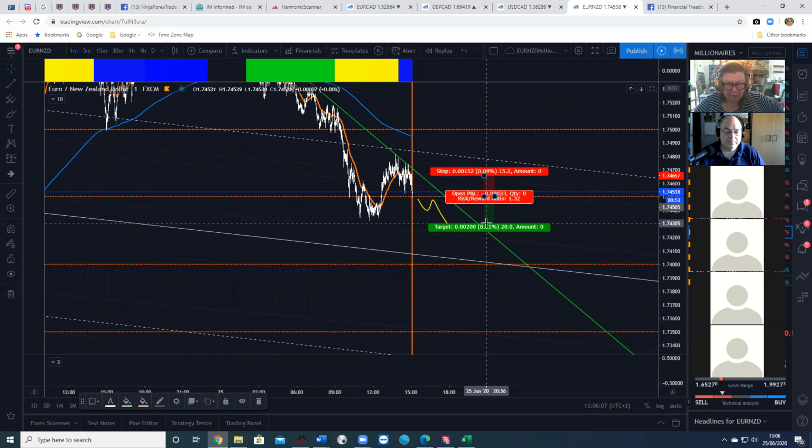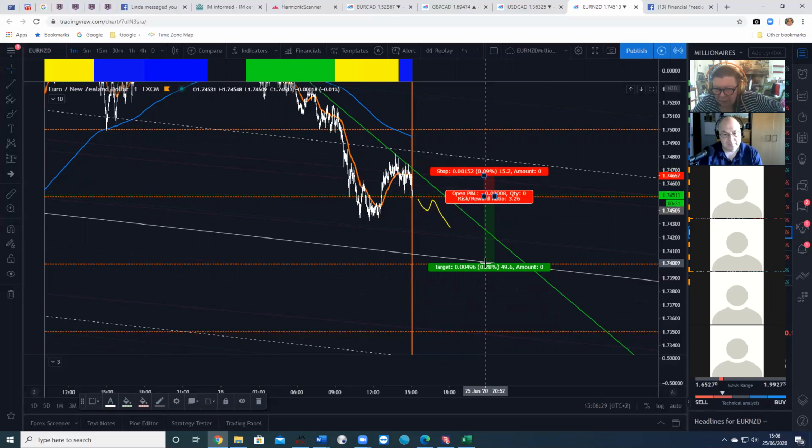If it doesn't stall out there and breaks that level, then you've got two pitchforks down at 1.74250, thereabouts. And if it breaks that, you've got a very nice take profit level at 50 pips, where quarter theory and pitchfork are crossing, which is one of Chance's favourite take profit levels. And that is at 1.74 thousand.